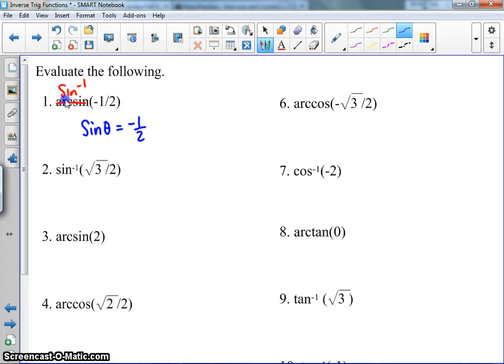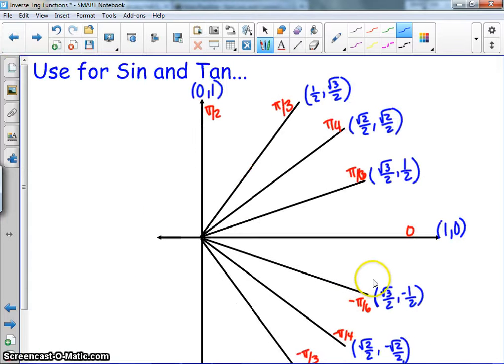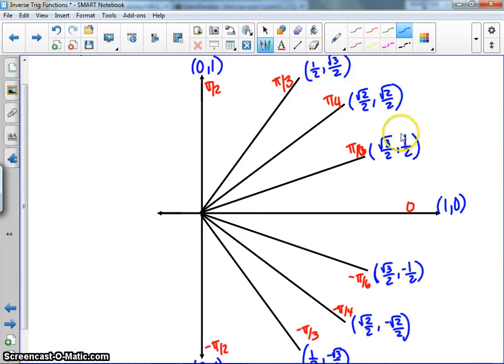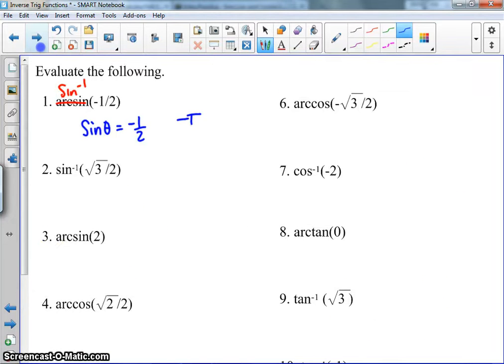Whenever they ask you for a sine inverse or an arc sine or arc cos, cos inverse, they're basically asking, since this is sine, at what angle does the y equal negative 1/2? And so I'm going to go back over here and look for where the y is negative 1/2, and that is going to happen at negative pi over 6. So my answer is going to be negative pi over 6 and not 11 pi over 6, because 11 pi over 6 is not in the domain of the sine inverse function.